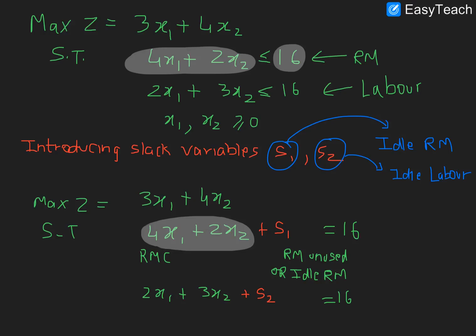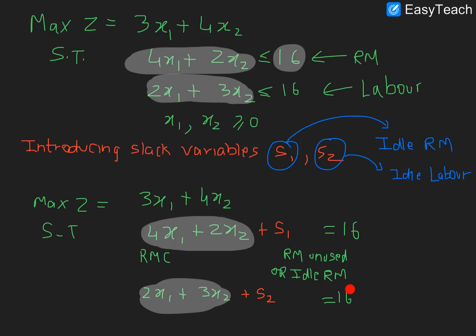As we have stated, this portion indicates the labor consumed or labor utilized, whereas the remaining portions S1 and S2 indicate the idle raw material and idle labor.